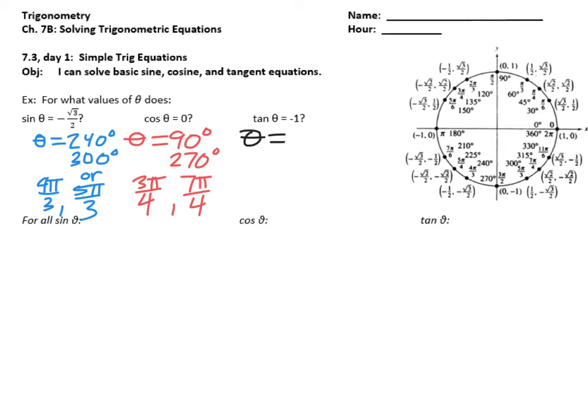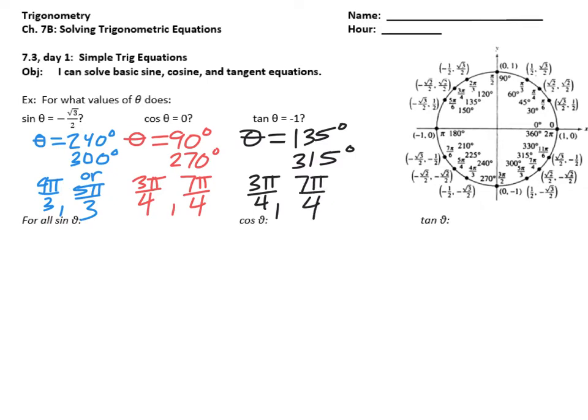Give me the angle that has that trig value, like a tangent value of -1. 135 and 315 degrees, okay? The process of identifying those angles, which in radians would be 3 pi over 4 and 7 pi over 4.